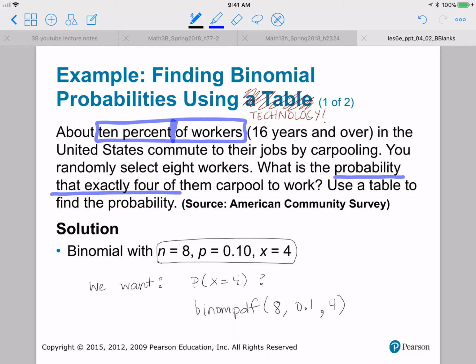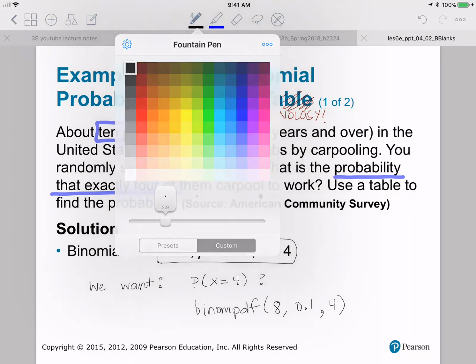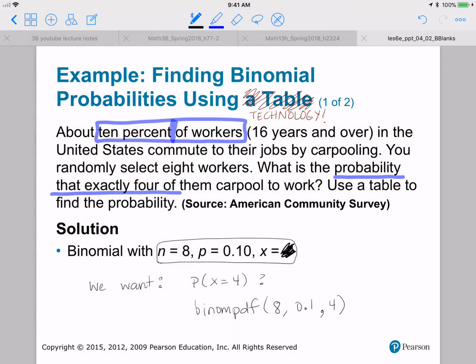And when you do that, you should get approximately 0.005.